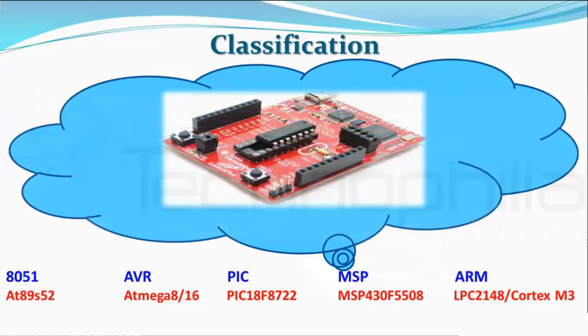These controllers are known as ultra-low power microcontrollers. The current drawn in idle mode can be less than 1 microampere. It is designed for low cost and, specifically, low power consumption embedded applications. Examples are MSP430G2231, MSP430F5508, etc.